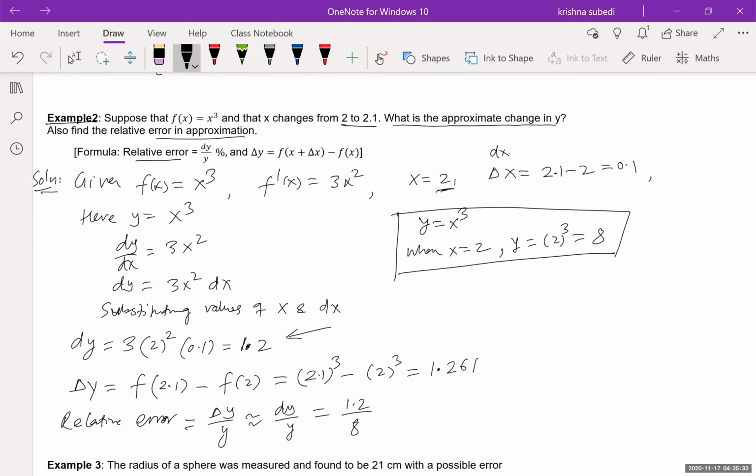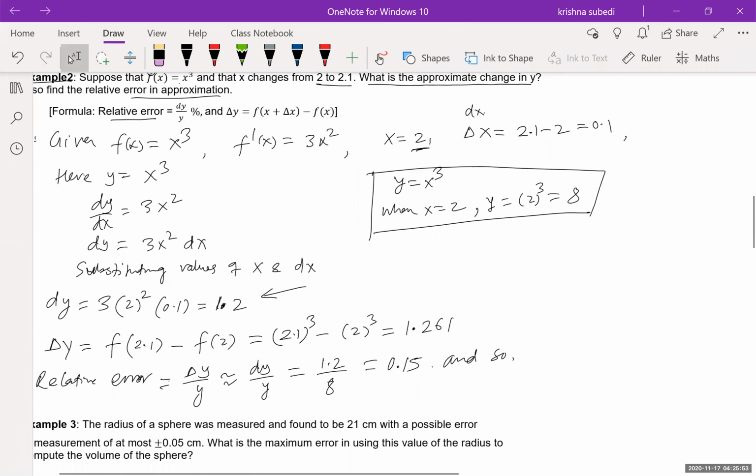Even though the value of y is not given, y means the function, so you can find the y value easily. If you divide 1.2 by 8, I believe it is 0.15.